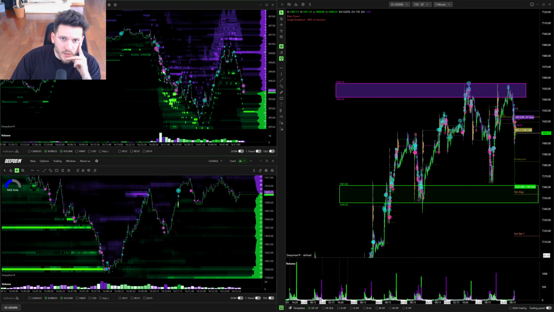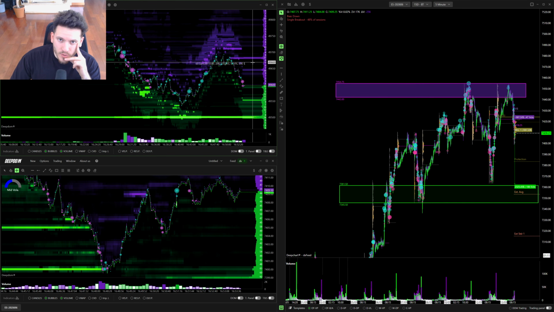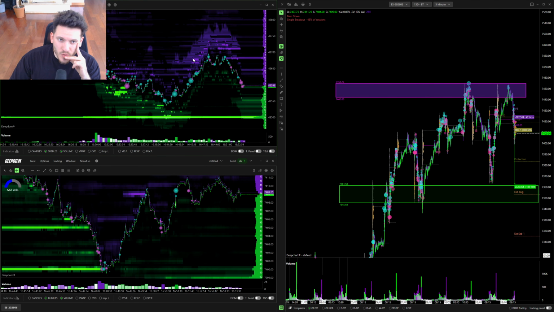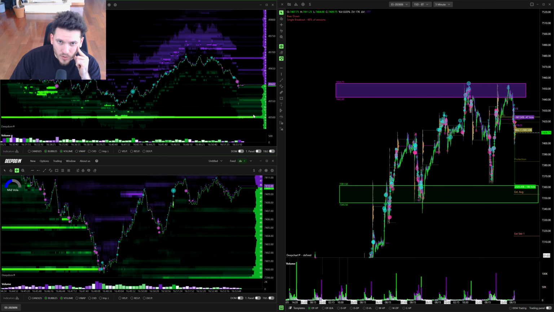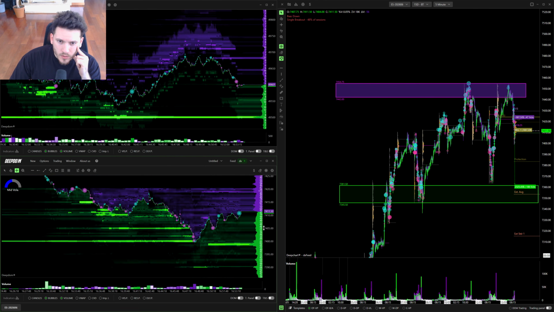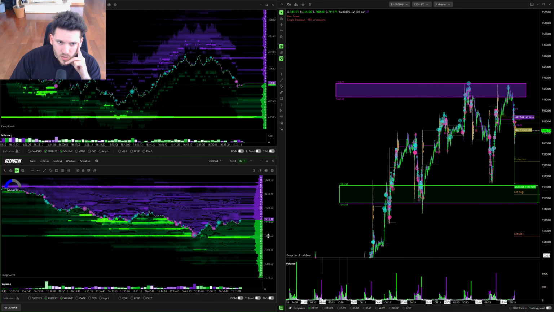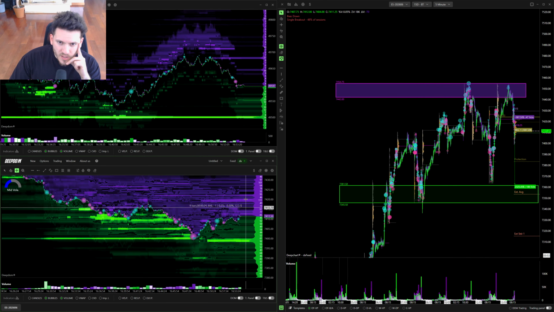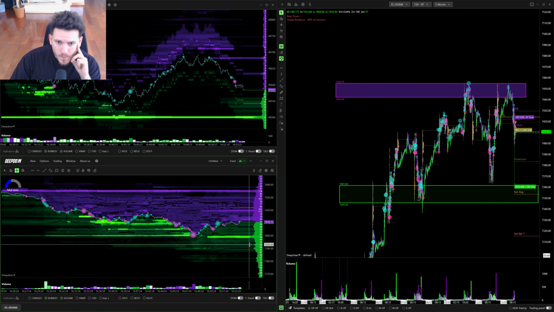A lot of market makers. You see this cloud around price? It's all the market maker cloud. This is not liquidity that you should be caring about too much. But we have a great level of liquidity below here. And now we see some more liquidity being loaded on the ask side as well for the ES.